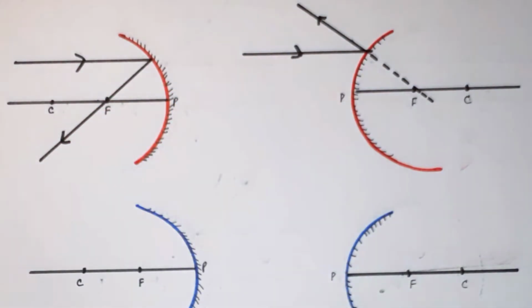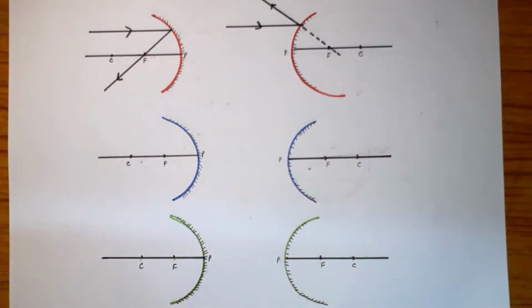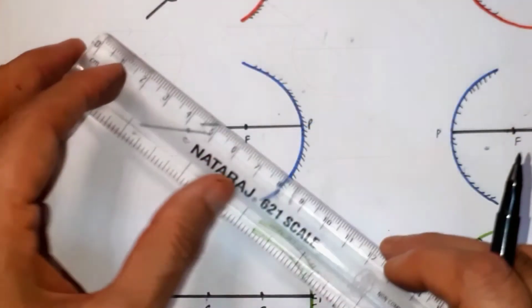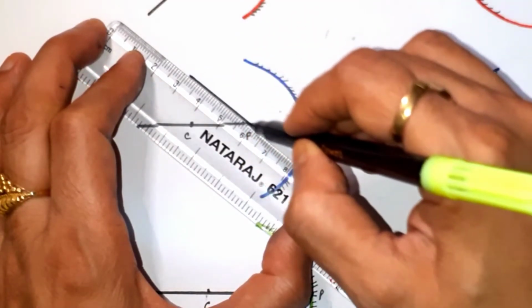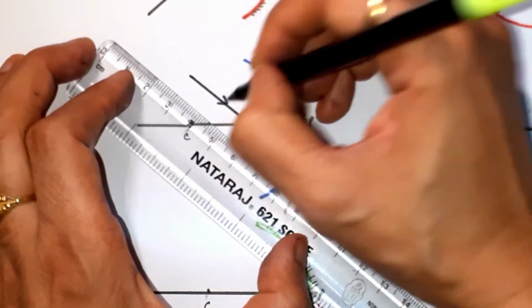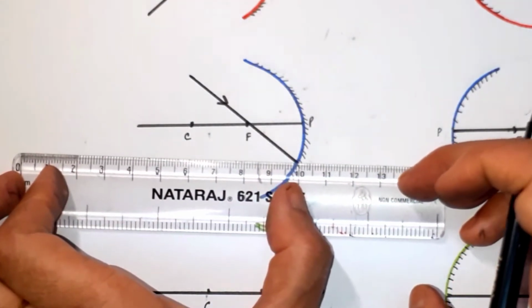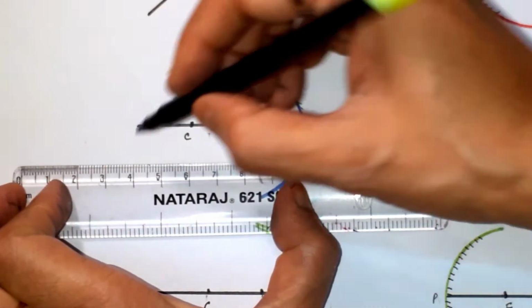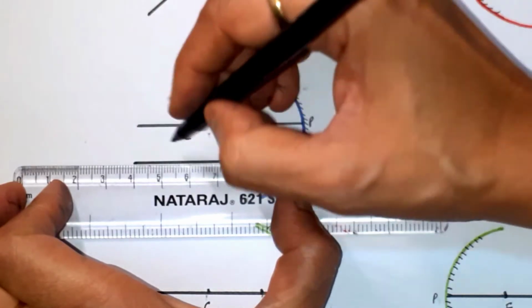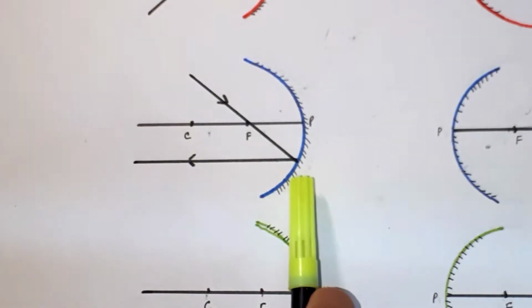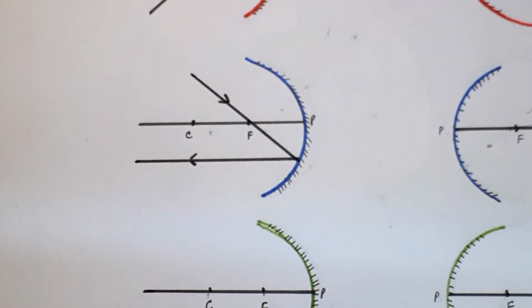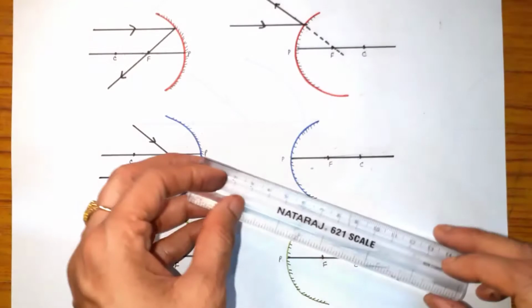Okay. Now what is the second law? In the second law of spherical mirrors, if the ray is passing from the focus, this is a ray coming from the focus F, it will become parallel to the principal axis. Coming from the focus, becoming parallel to the principal axis.